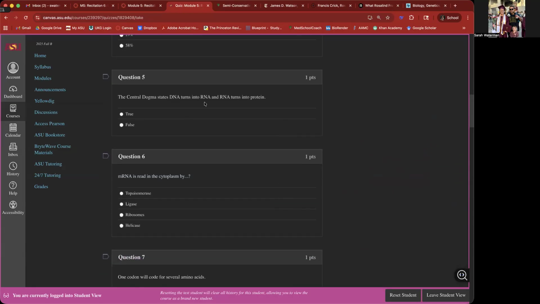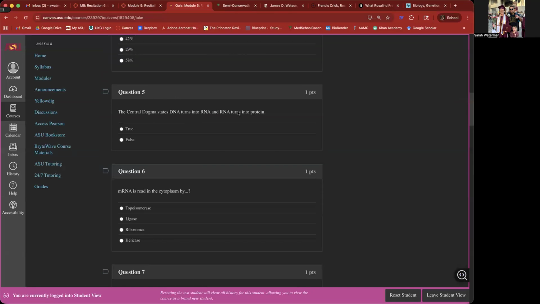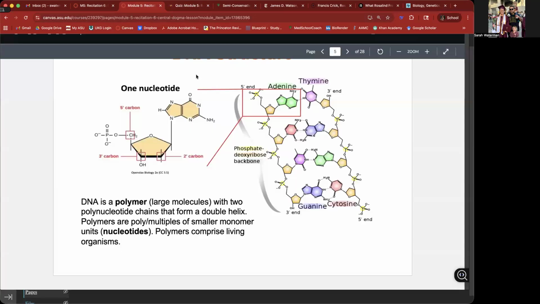And the central dogma states that DNA turns into RNA and RNA turns into protein. This is not what the central dogma states.